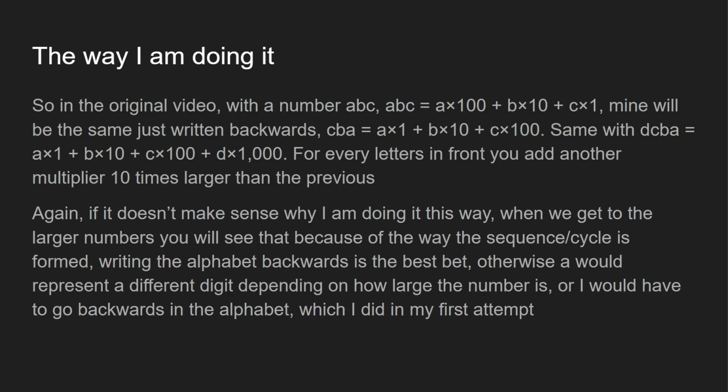I just kept the ABC, but if a number was 1000, for example, then I would go backwards and it would start with a Z, and it would be ZABC. And before that, I would have a Y, so it would be YZABC. That was very confusing, so instead I just went with reverse alphabetical order.